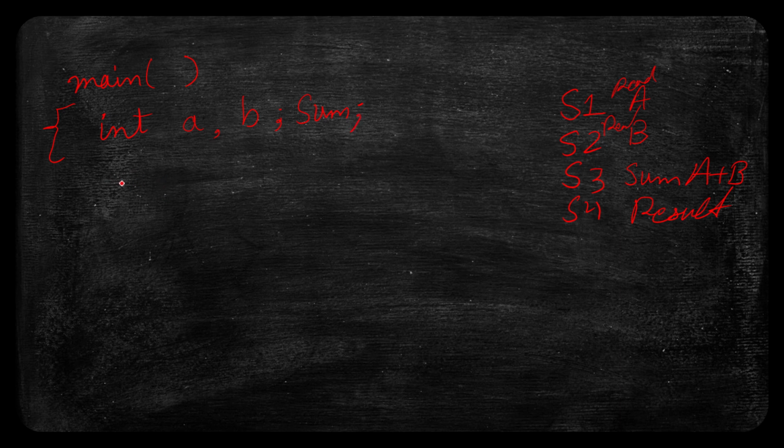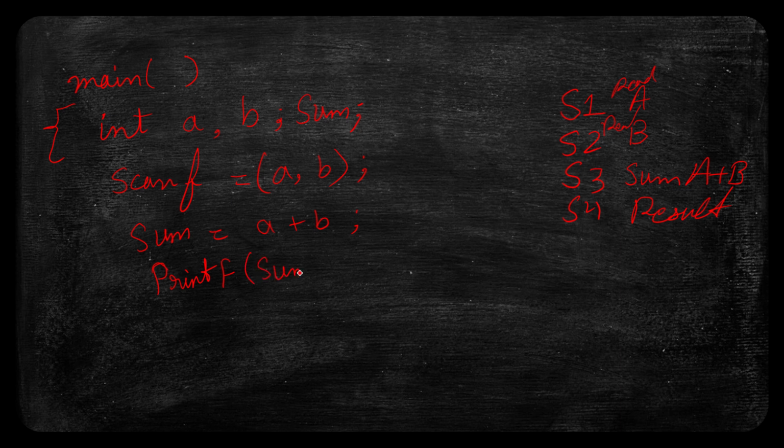Then I will scanf these 2 variables a and b. Okay, semicolon always. Then I will sum a plus b. Now the answer lies in a plus b, and printf the sum.